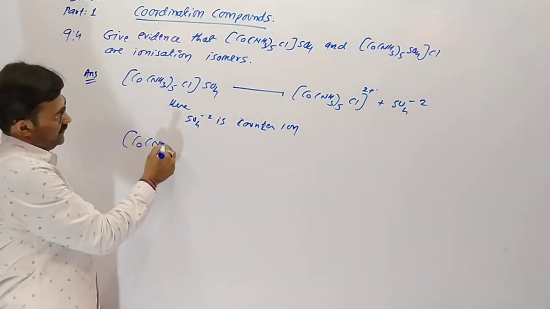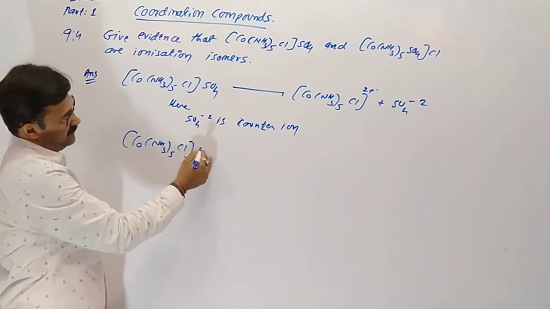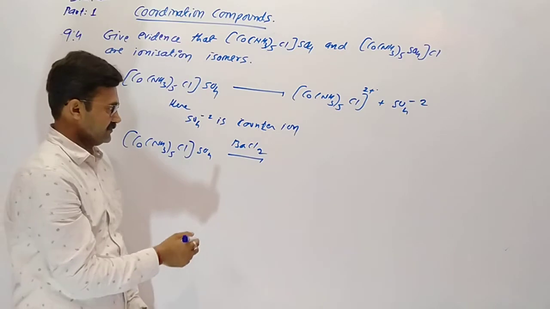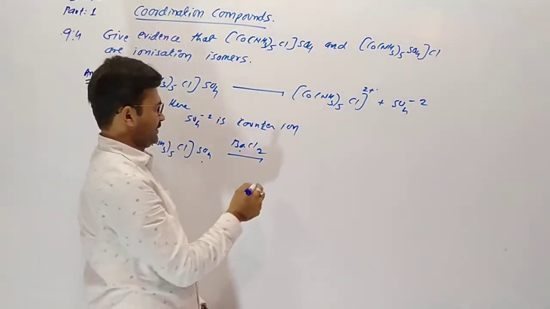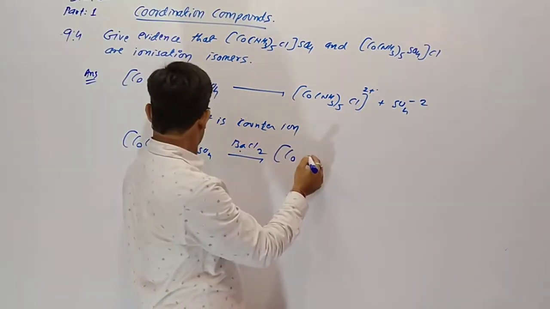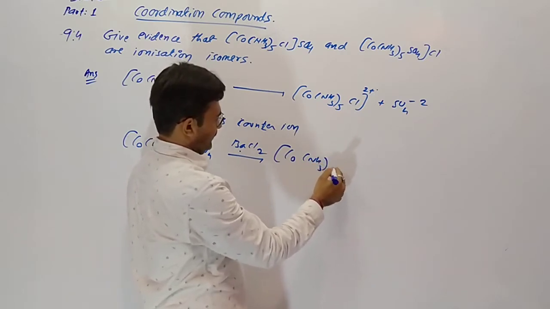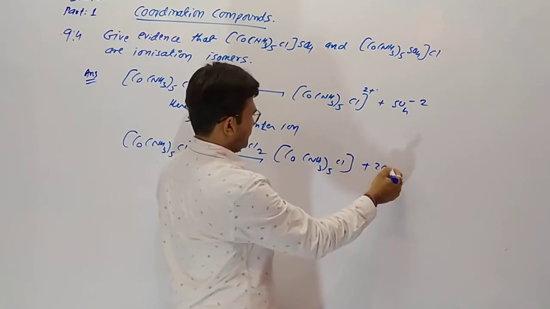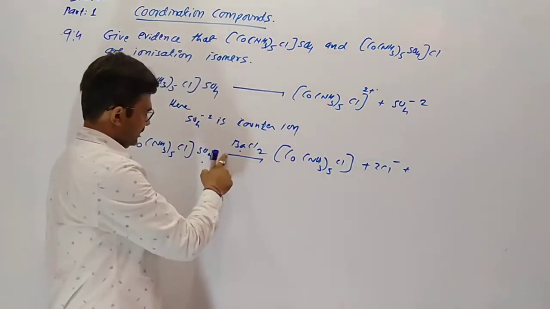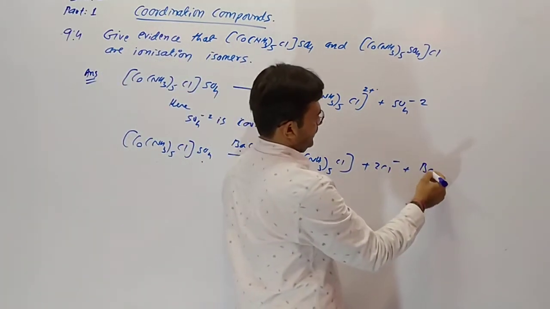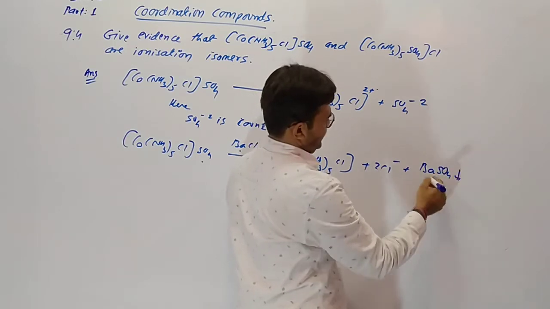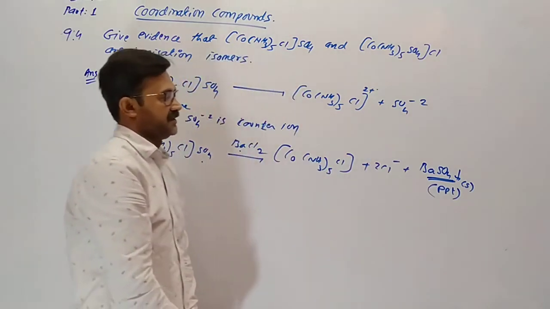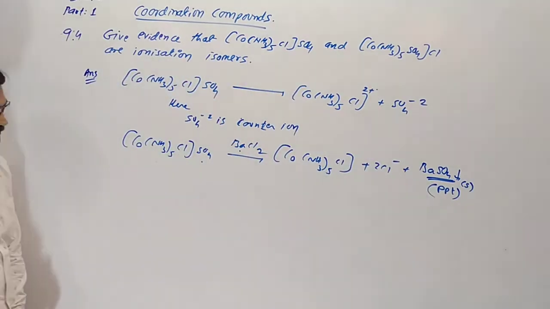So when we add barium chloride to it, it gives a precipitate of barium sulfate. Precipitation means insoluble barium sulfate is formed.